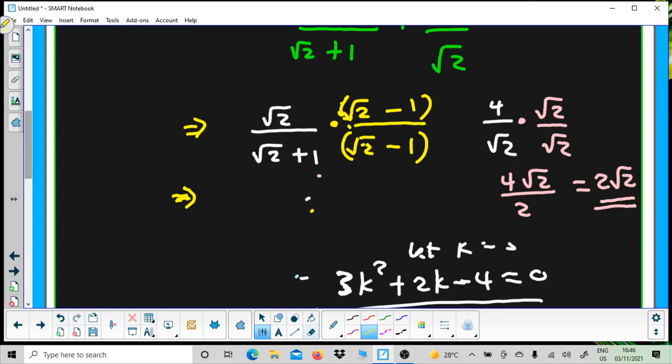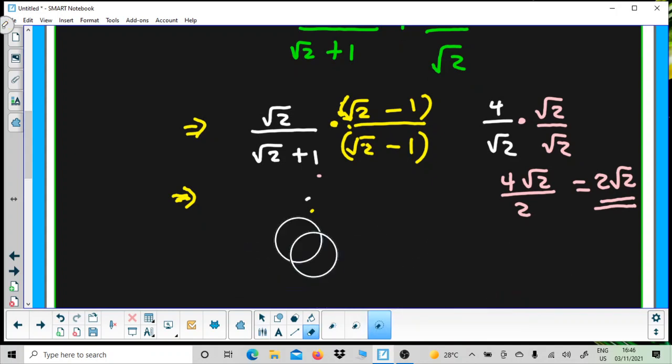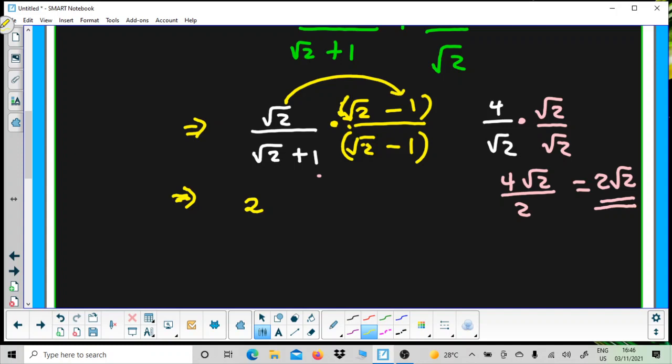I'm going to do it on the numerator. What is root 2 times root 2? And root 2 times negative 1? Negative root 2. All right. The bottom part, you can actually FOIL if you want, but that's not what I recommended back then.